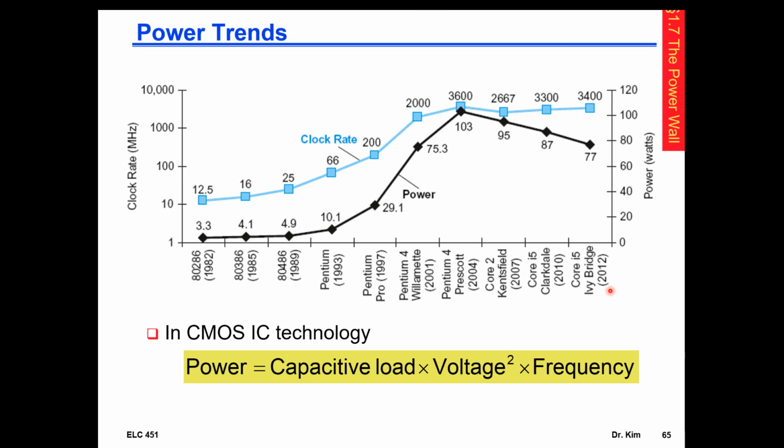That's what we call the power wall. The power wall that was hit at that time, and if you have touched an incandescent light bulb of 100 watts, you know how hot that is.